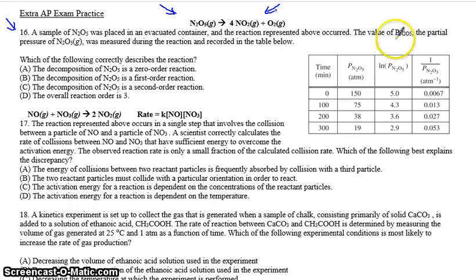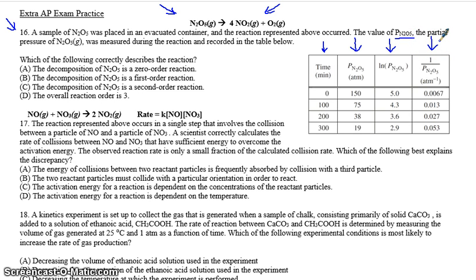The value of PNO2, this is the pressure of your reactant, was measured, and the partial pressure was measured during the reaction and recorded in a table. So what we're doing is showing the pressure of N2O5 as the reaction runs, and then we've been given the natural log of N2O5 and the inverse of N2O5.